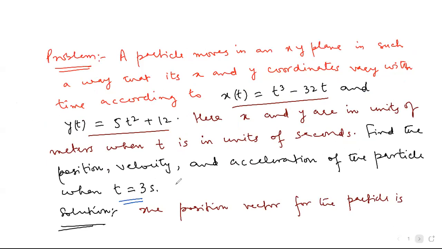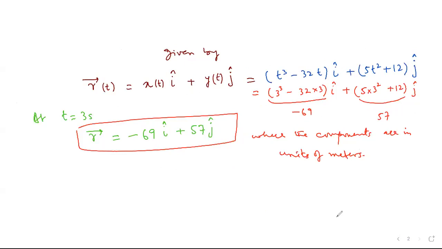Let us move to the velocity now. This particle will have velocity along x and velocity along y. So if Vx is the velocity along x-axis, it will be rate of change of position along x-axis. So it will be d by dt of x of t. What's x of t? How position x changes with time? t cube minus 32t.